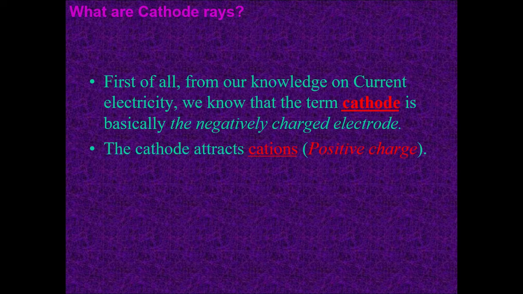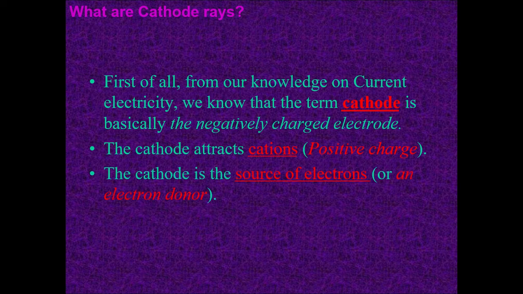That's from the basic law of charges. Cations are positive charges, and the cathode is a negatively charged electrode, so it attracts positive charges, or simply cations. So the cathode is the source of electrons, or simply an electron donor. As it is negatively charged, it donates electrons.